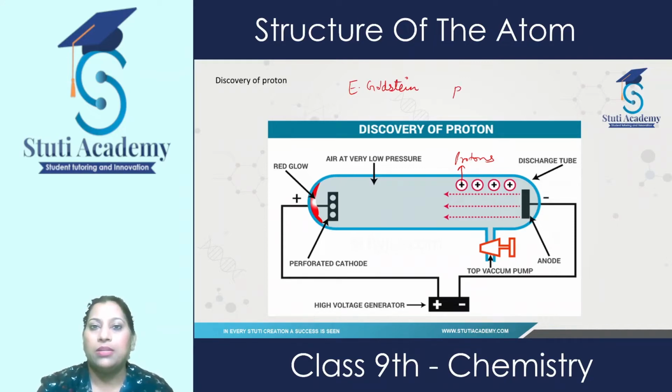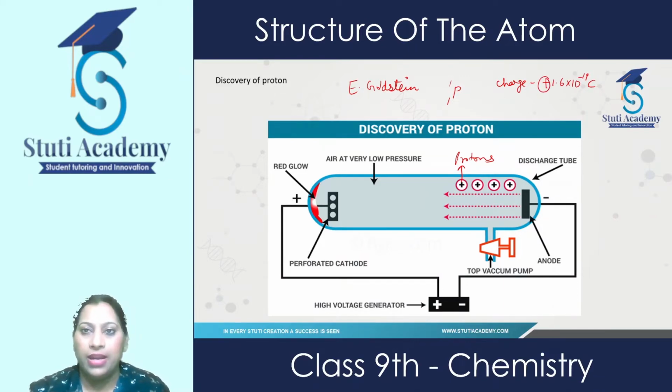and it is represented by this symbol, and the charge present on the proton is plus 1.6 into 10 raised to power minus 19 coulomb, which is exactly similar to that of the electron, only the difference is of sign.